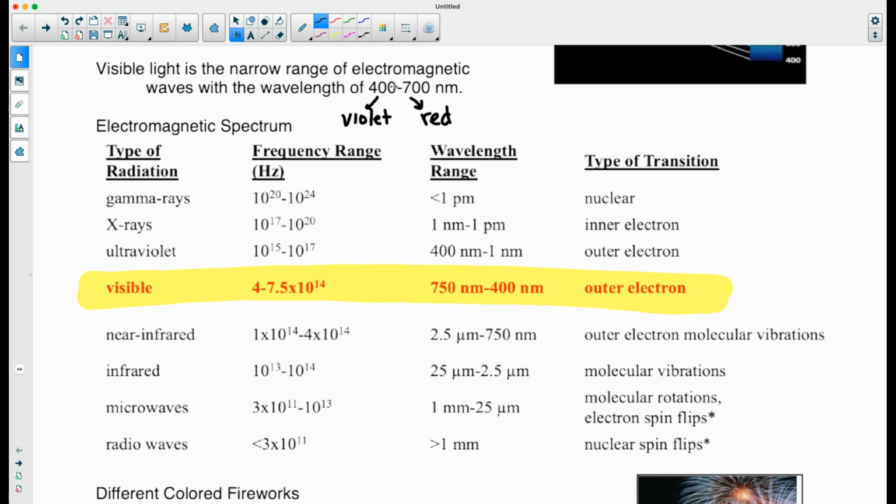We also know that violet light is the higher energy. So when we're looking at this, the energy is getting higher as we go towards gamma. And as we go from red down to near infrared, infrared, microwaves, and radio waves, this side is the lower energy side of the electromagnetic spectrum.